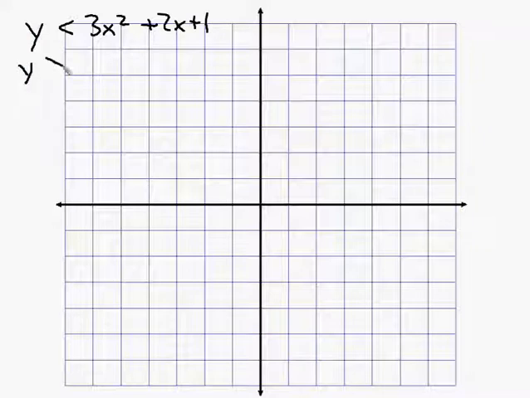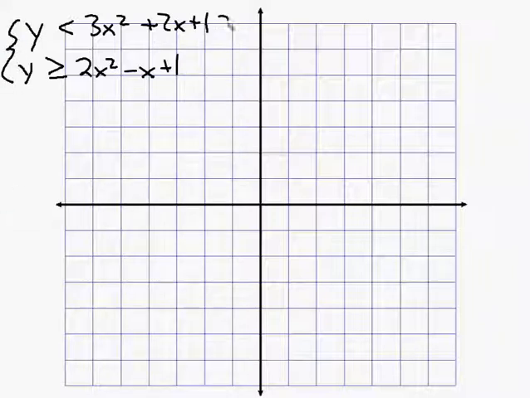So let's say that I need to solve y is less than, so now it's not an equal to, 3x squared plus 2x plus 1, and y is greater than or equal to 2x squared minus x plus 1. And that's my system. So I'm not going to do what I've been doing. I'm going to attempt to graph that.